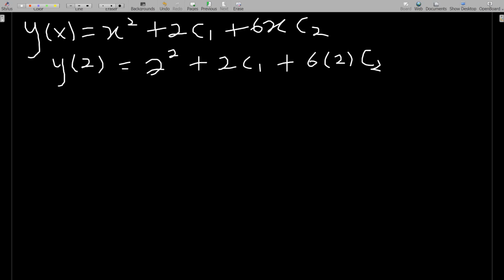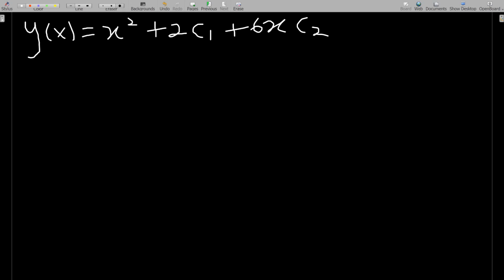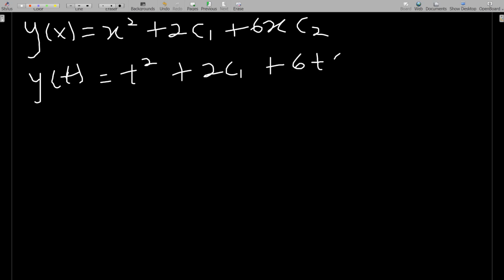If I ask you y of 10, you put 10 in place of x. If I ask you y of z, you put z in place of the x part. So this simply means that I can evaluate my y of t using this function of y of x. So my y of t will simply be equal to putting t in place of x, so I have t squared plus 2c1 plus 6t c2.